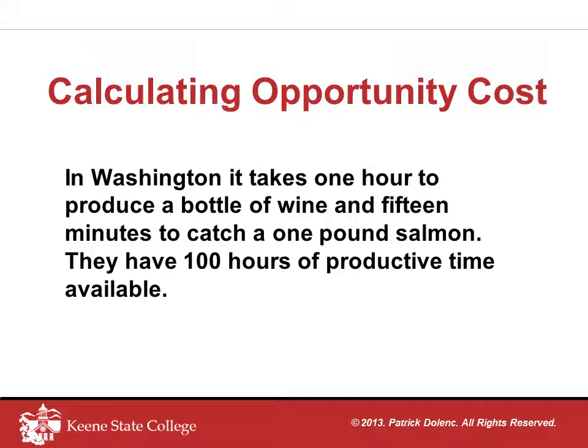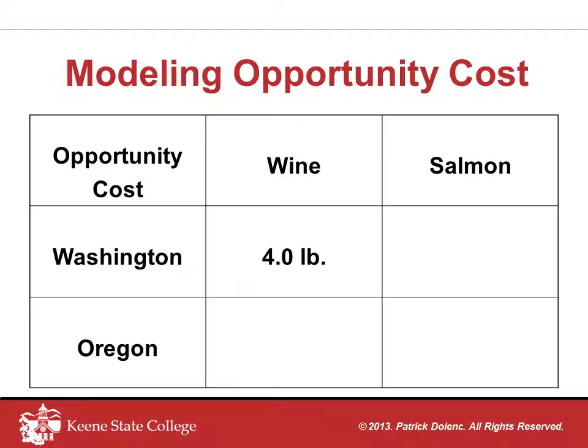That means in the state of Washington, each hour that is required to produce one additional bottle of wine could have been spent fishing and would have yielded 4 salmon. Therefore, the sacrifice to get an additional bottle of wine, or the opportunity cost of one additional bottle of wine, is 4 pounds of salmon. That fills the first cell in our table.